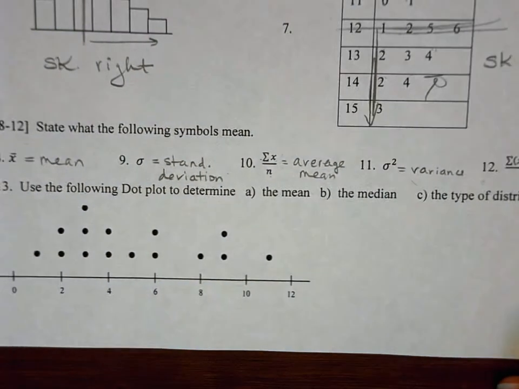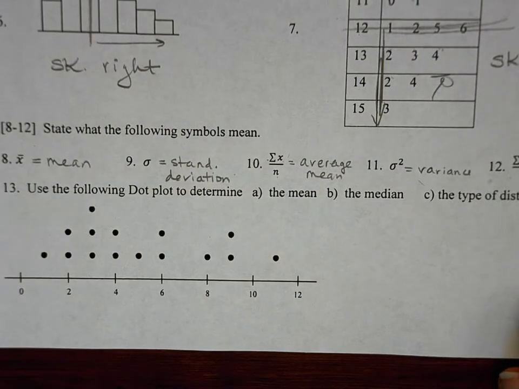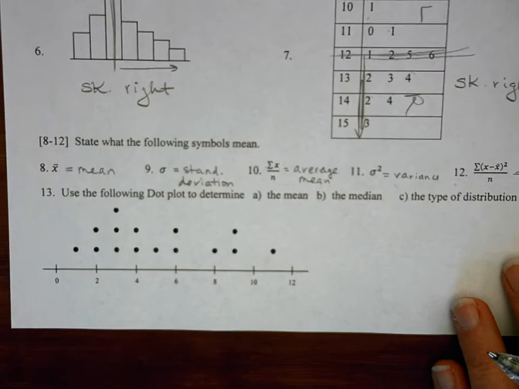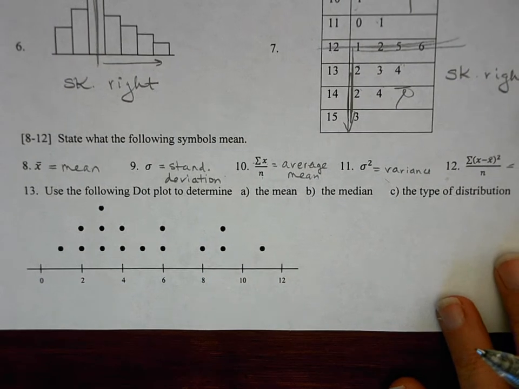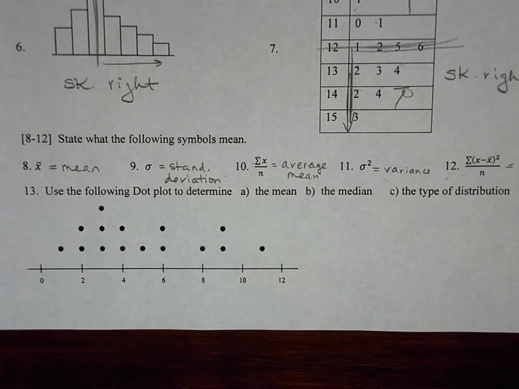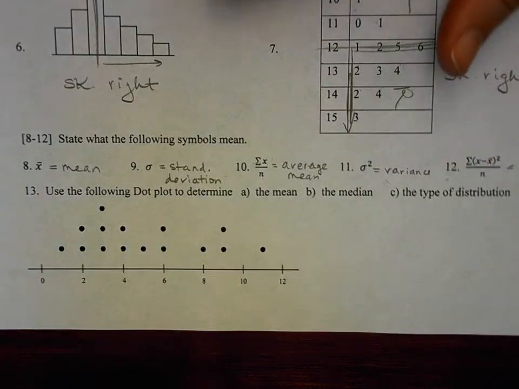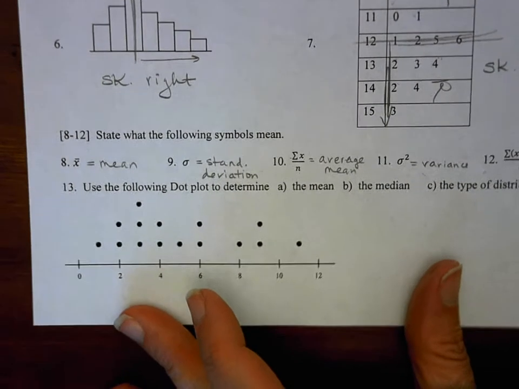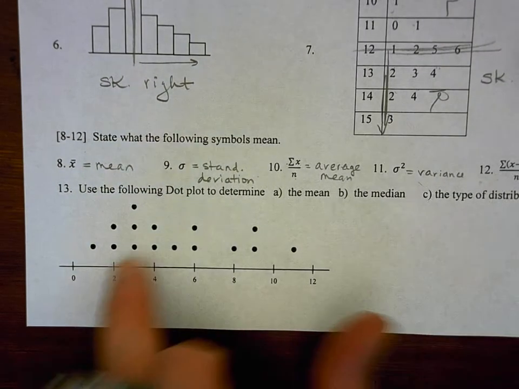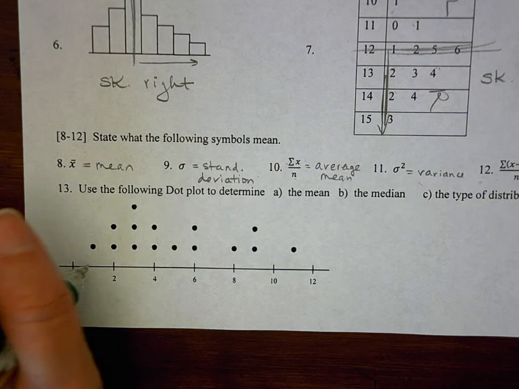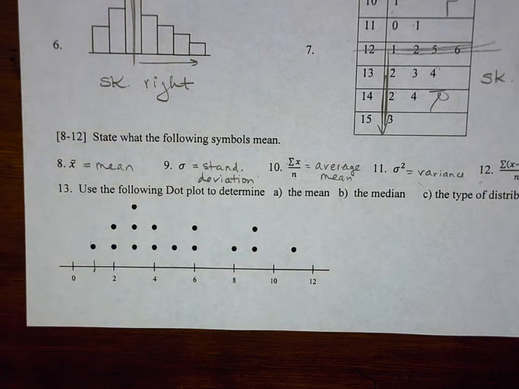Okay. Now for number 13, I want to use the dot plot to find the mean, the median, and the type of distribution. You don't have to do it this way, but to make it a little easier, I'm going to list out my values, like a frequency table.